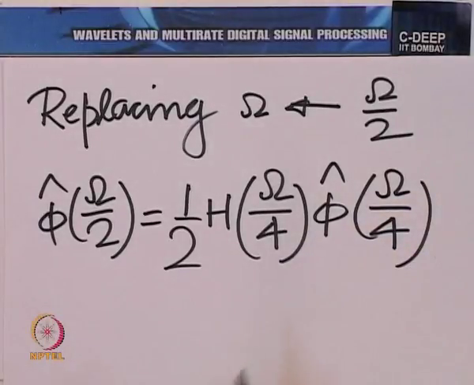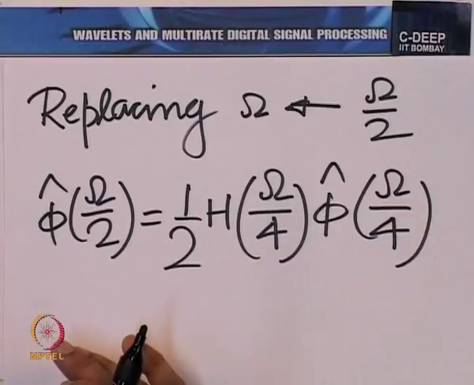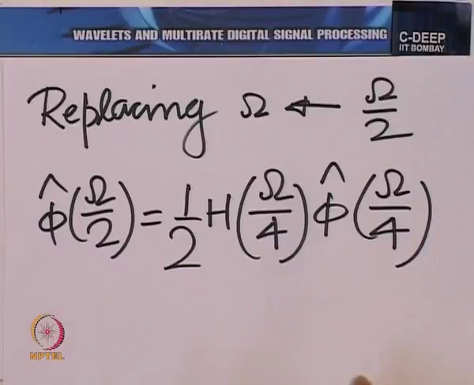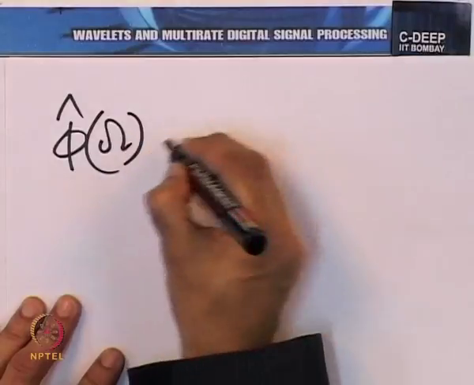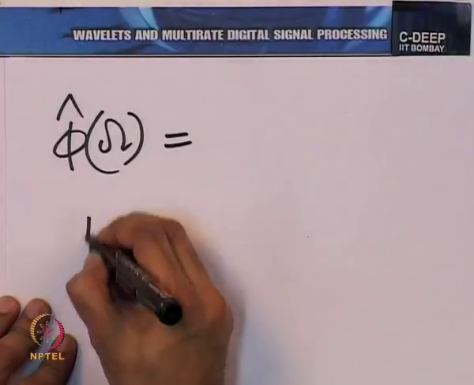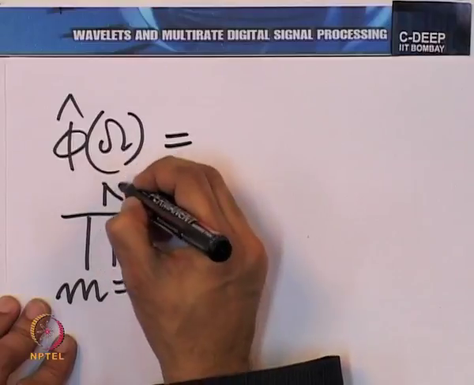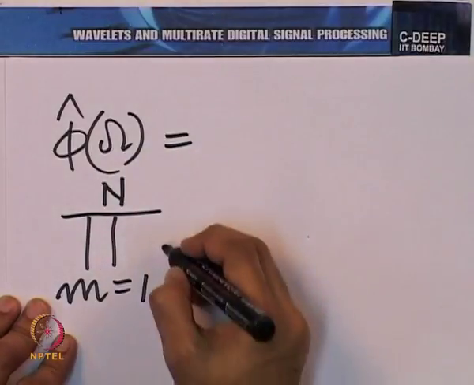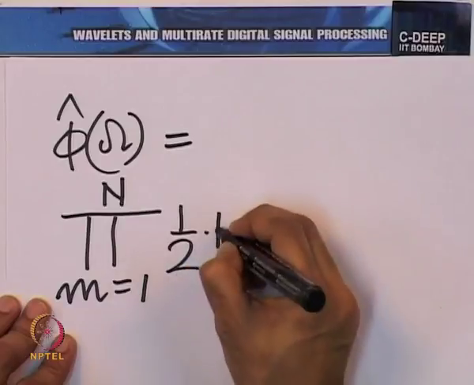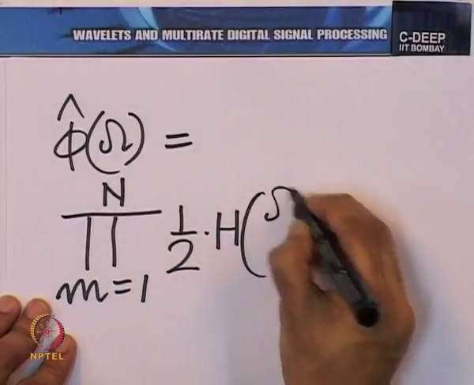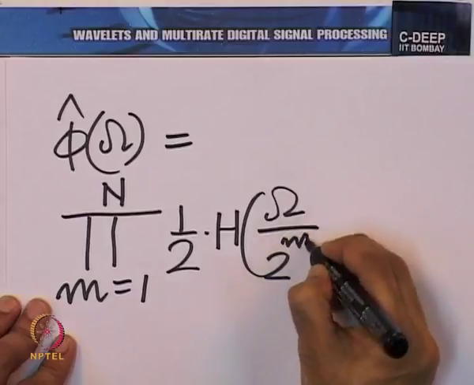So, now we have a recursive process. Every time you have phi cap omega by 2, you replace it in terms of a product of phi cap omega by 4 and then a DTFT. So, ultimately we have something like this. We have phi cap omega is like a product. It is a product m going from 1 to capital N if you like, half h omega by 2 raised to the power of m.